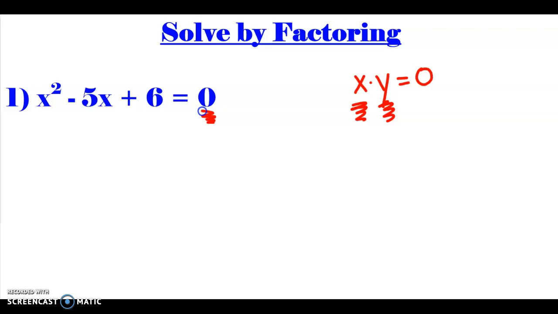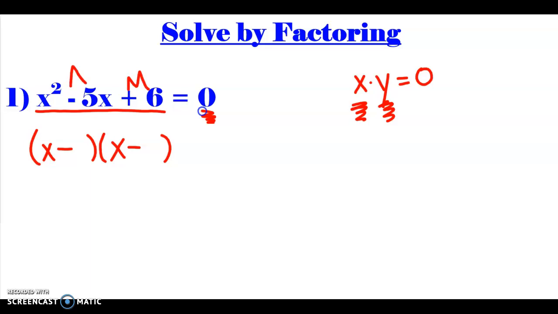Right? So here, if I factor this, this is a riddle. So I know I'm going to go x minus here. And if I multiply to get a positive and add to get a negative, I'm going to have a double negative. Multiplies to give me 6, adds to give me -5, would be -2 and -3. So I factored my quadratic here, and it's equal to 0.